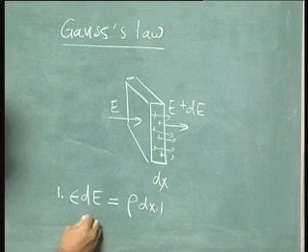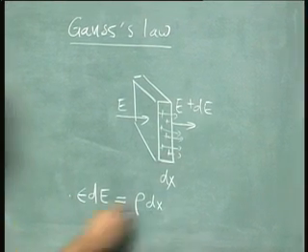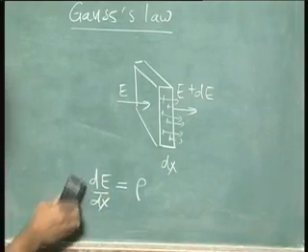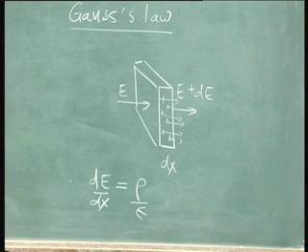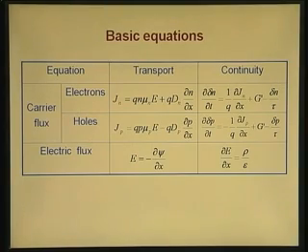and now when we rearrange, we cancel this one and bring this dx here and this epsilon here, you get Gauss's law. So that is Gauss's law shown here, the equation.